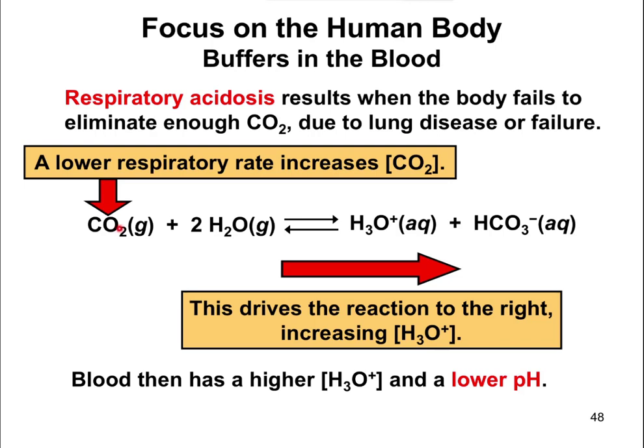That's going to increase your CO2 levels. What happens when you have increased CO2 levels? You drive this to the right, and you're going to end up with a higher amount of acid, H3O+, and a lower pH. So this could cause your pH to drop lower than that 7.4 range, and that wouldn't be a good thing. So that needs to be fixed.